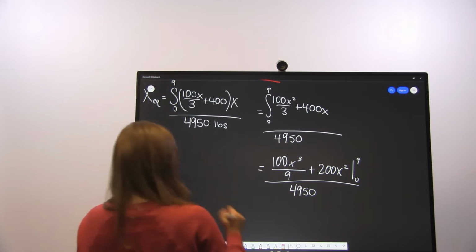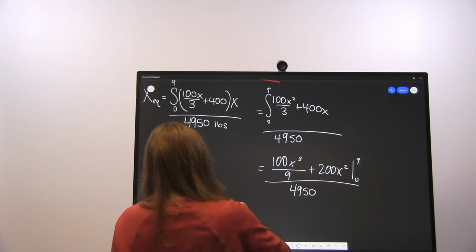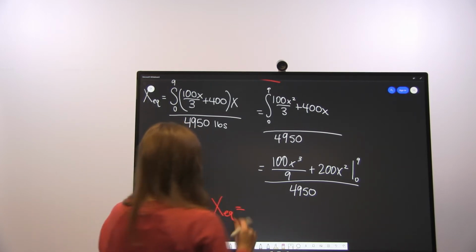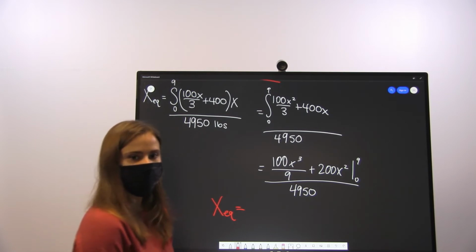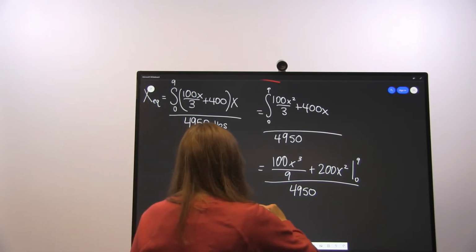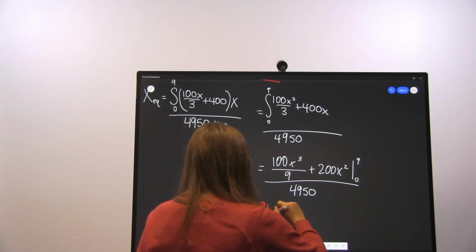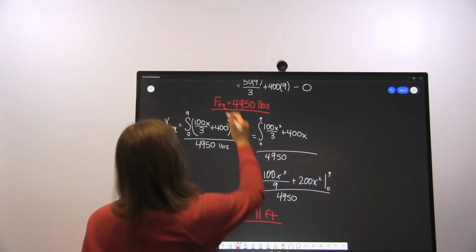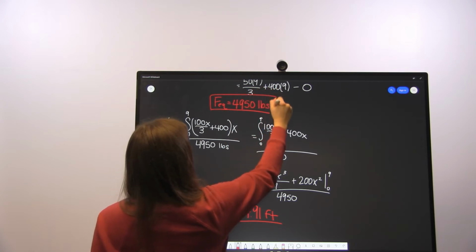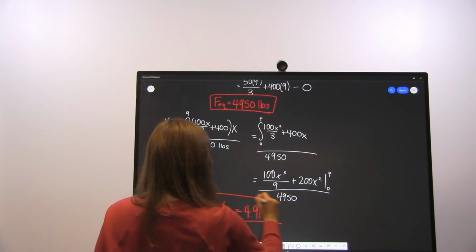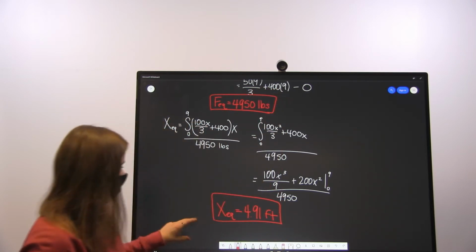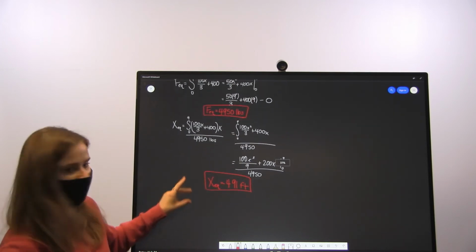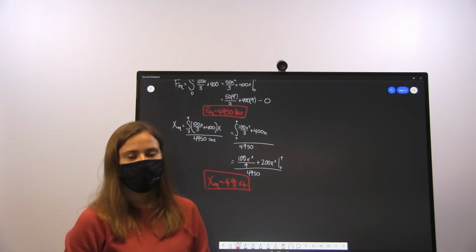That's going to leave us with our equivalent point, which is equal to 4.91 feet. So now we have our equivalent force and where it is on the truck. From there, we're going to want to redraw our free body diagram.